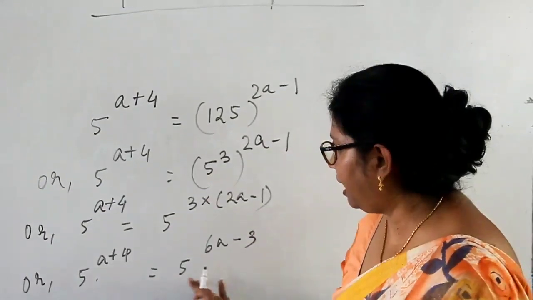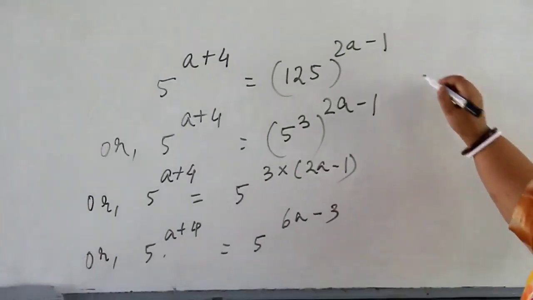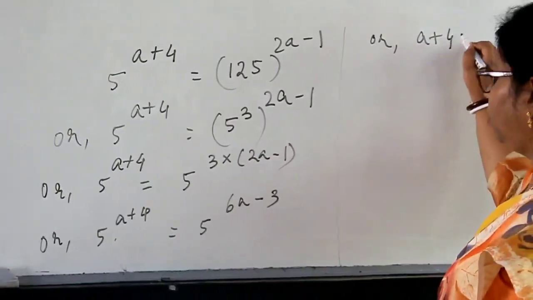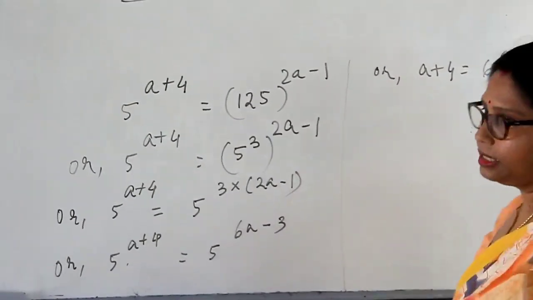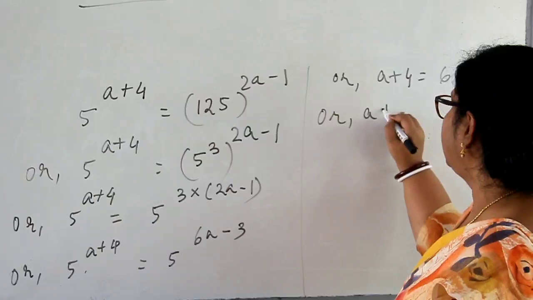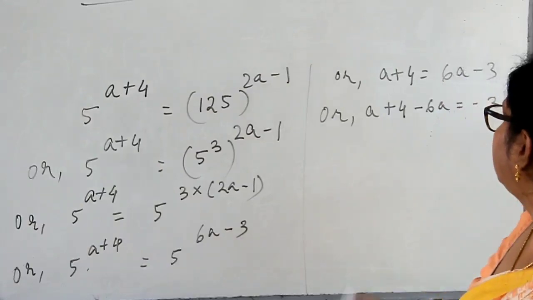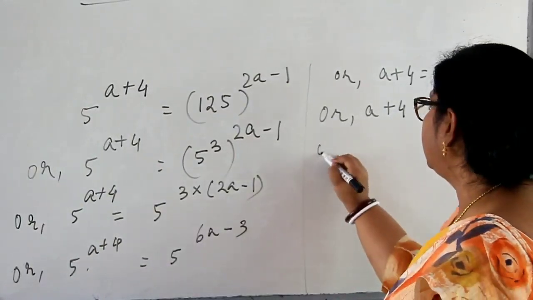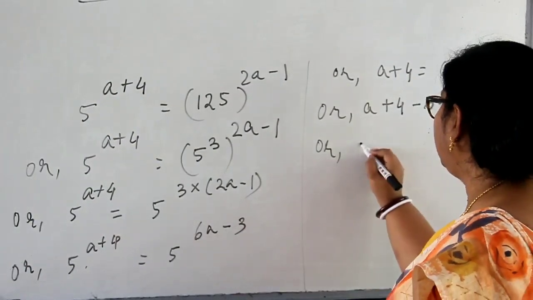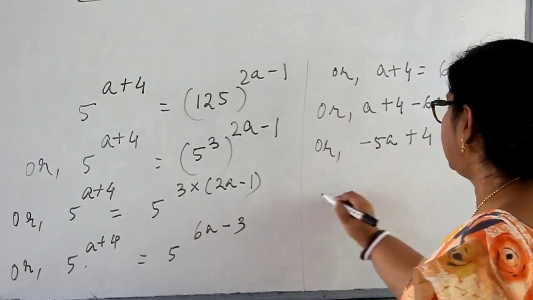So we got 5 as the base on both sides. Now we can have that followed here like this. A plus 4 is equal to 6a minus 3. Now a plus 4 minus 6a is equal to minus 3. We have taken that 6a on left hand side. So a and minus 6a will give you minus 5a plus 4 is equal to minus 3.